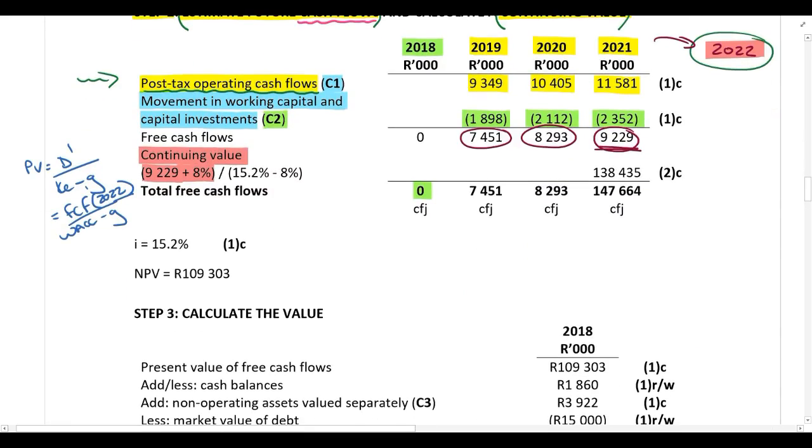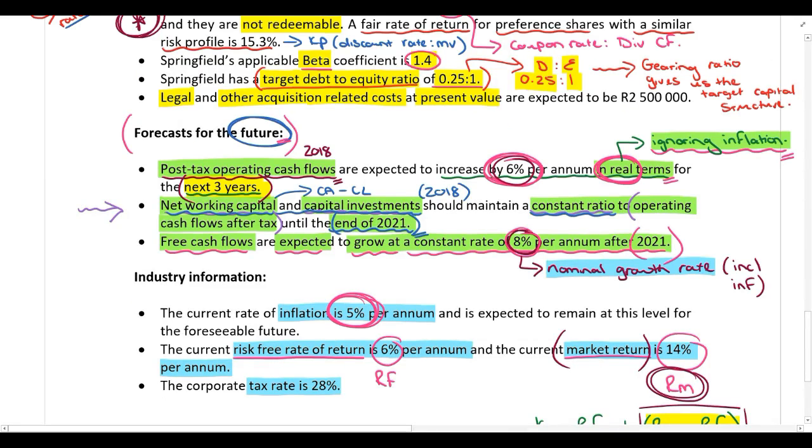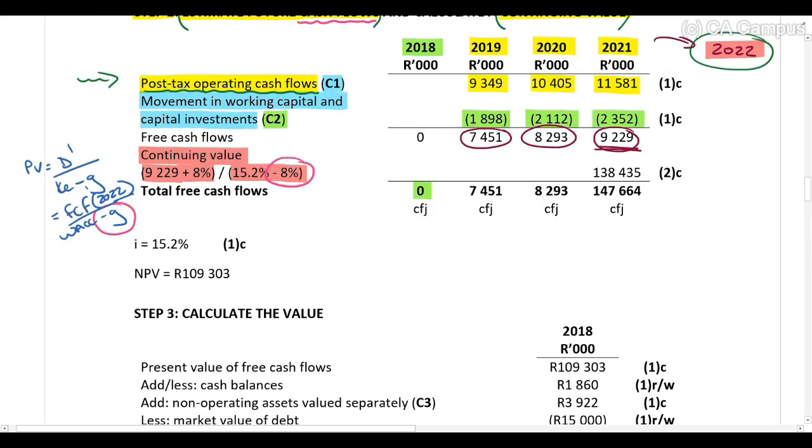So divide by the WACC and deduct growth in perpetuity. If you have constant growth in perpetuity, you need to deduct that in your calculation. We do have constant growth in perpetuity. You are specifically told that the free cash flows are expected to grow at a constant rate of 8% per annum after 2021. So we've got consistent growth in perpetuity.